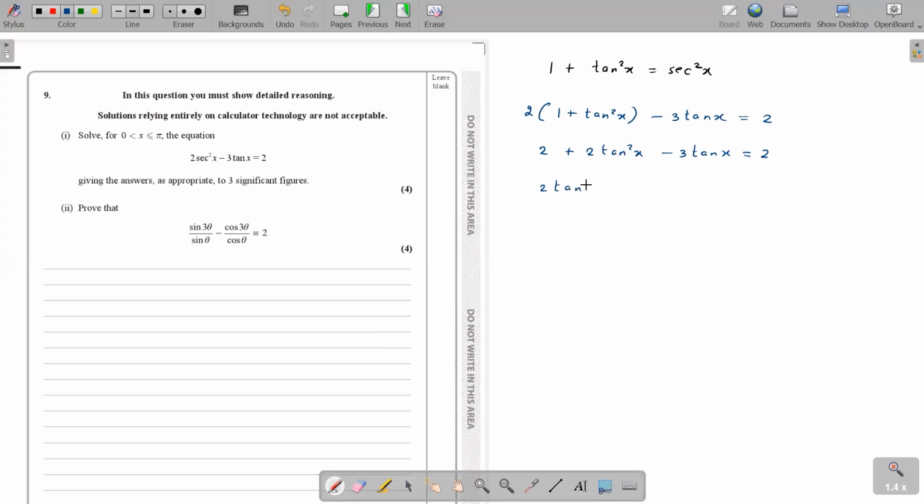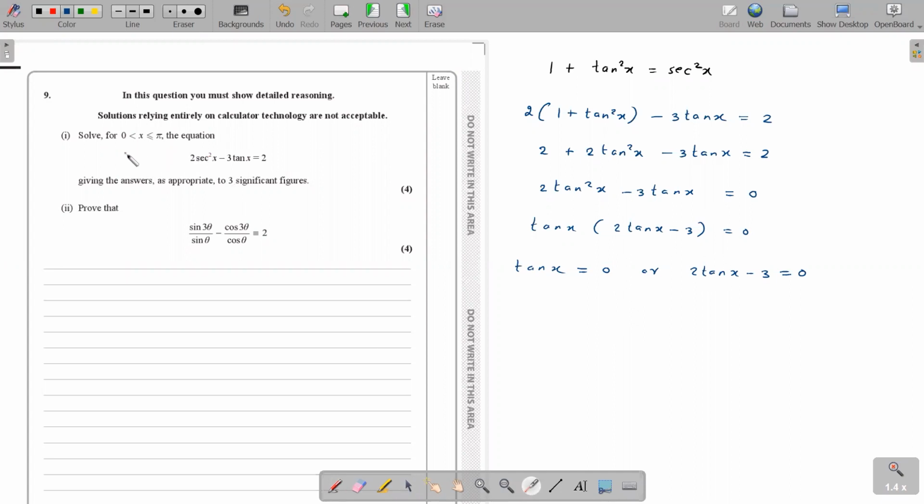The 2 and 2 cancel out, isn't it? So I can factorize by taking tan x out, and I get tan x times (2 tan x minus 3). So I get two options here: tan x equals 0 or 2 tan x minus 3 equals 0. Okay, so then they have given you the range to solve.